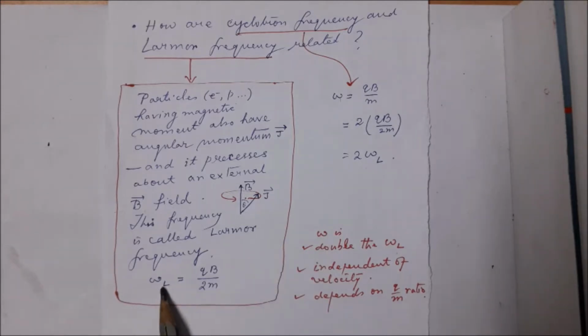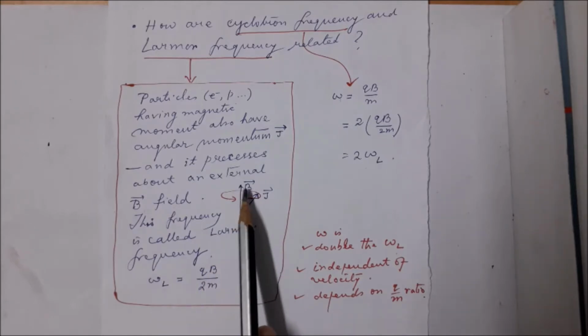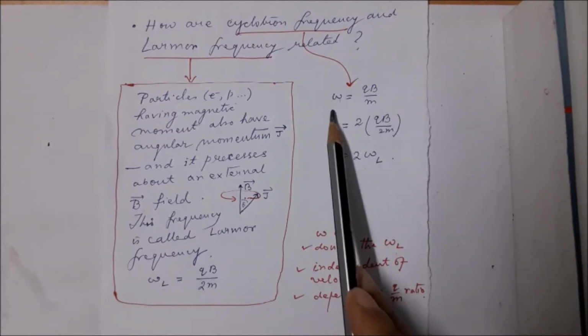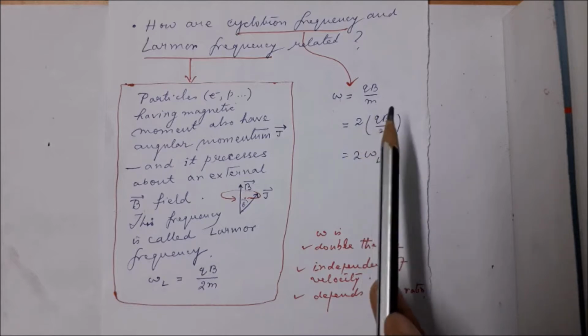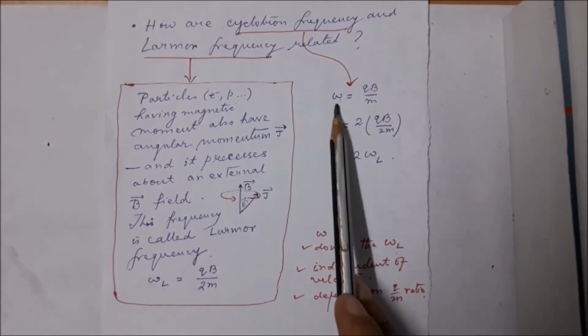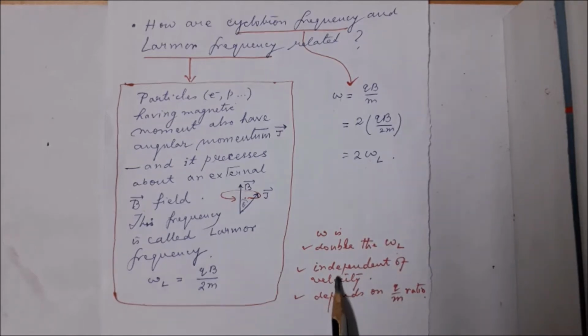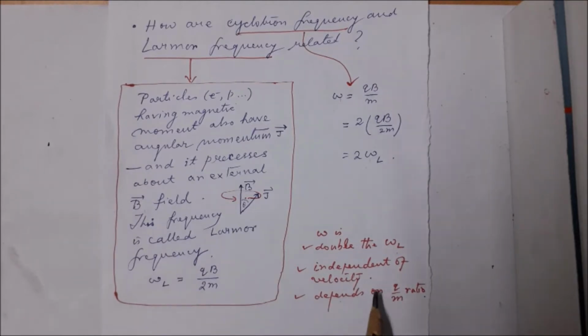So Larmor frequency omega L is the frequency of precession of J with respect to the field B, and cyclotron frequency omega is the frequency of rotation of the particle in a B field, and cyclotron frequency is double the Larmor frequency. Cyclotron frequency is independent of velocity. Cyclotron frequency depends on charge to mass ratio. So these are the characteristics.